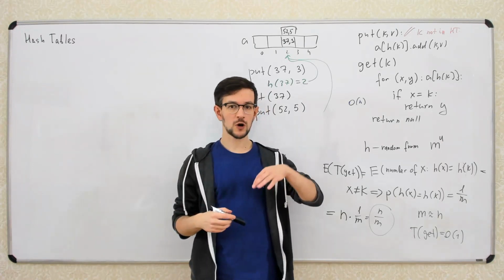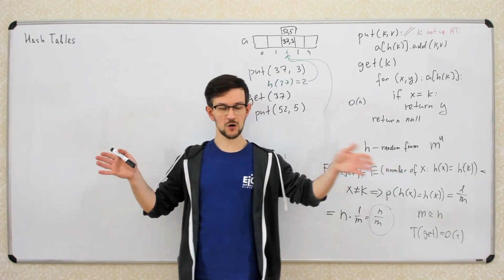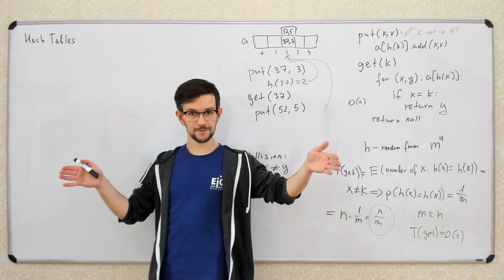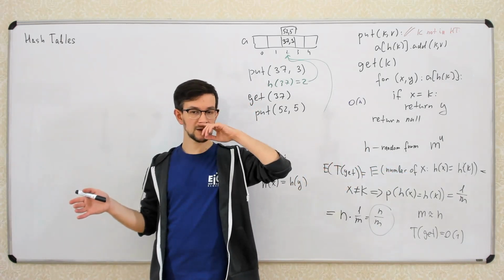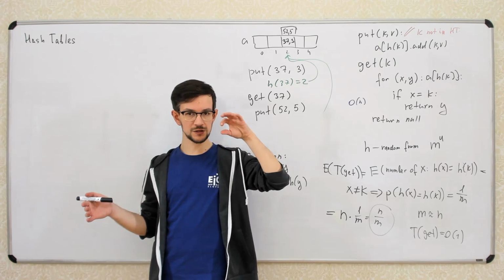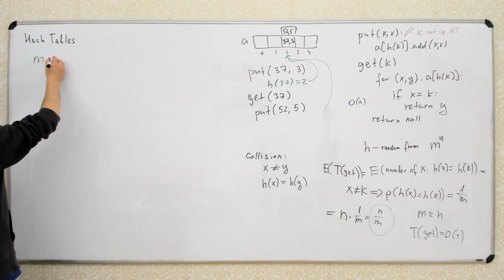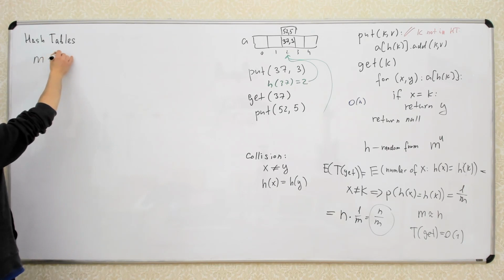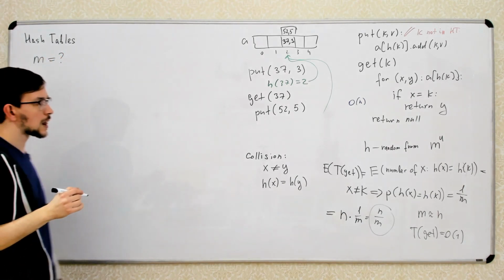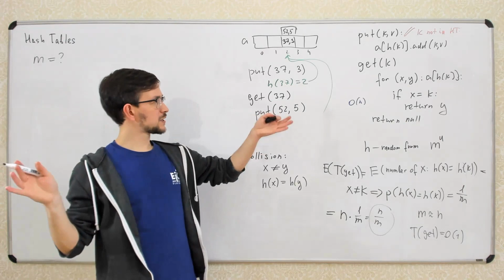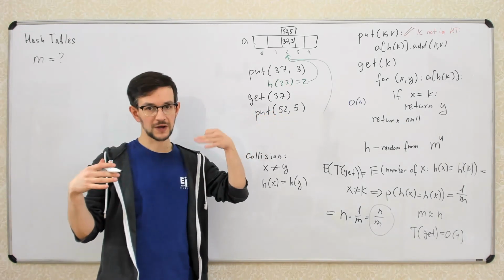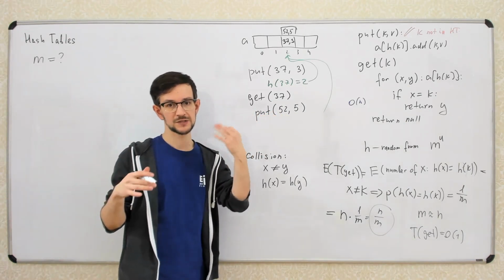Is it possible to have a big array such that the probability of collision is less than epsilon? I want to make it so big that the probability of the collision is less than some epsilon.